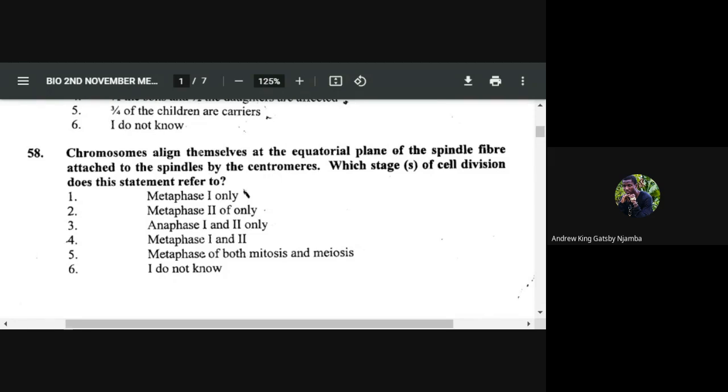Two. Okay, Doc Moses goes with option 2. Why are you going with the metaphase of both mitosis and meiosis? No, the answer we went with is option 3 on the previous question.